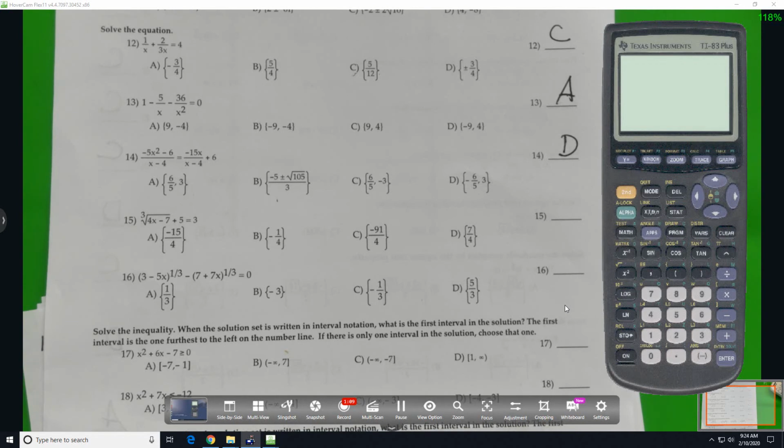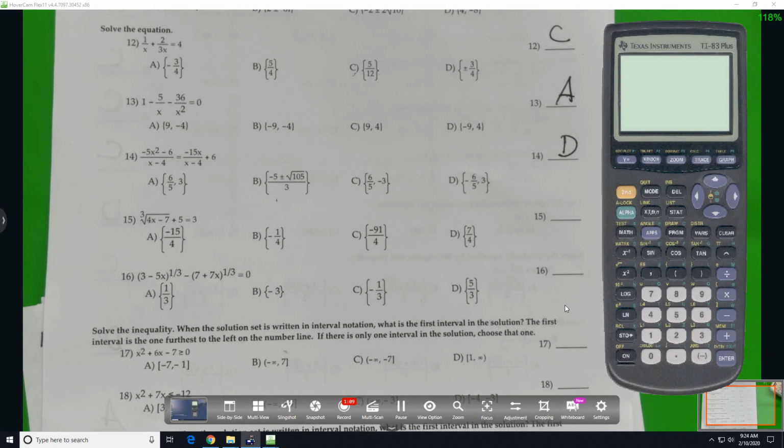Cube root of 4x minus 7, then a plus 5 equals 3. Are there any questions?